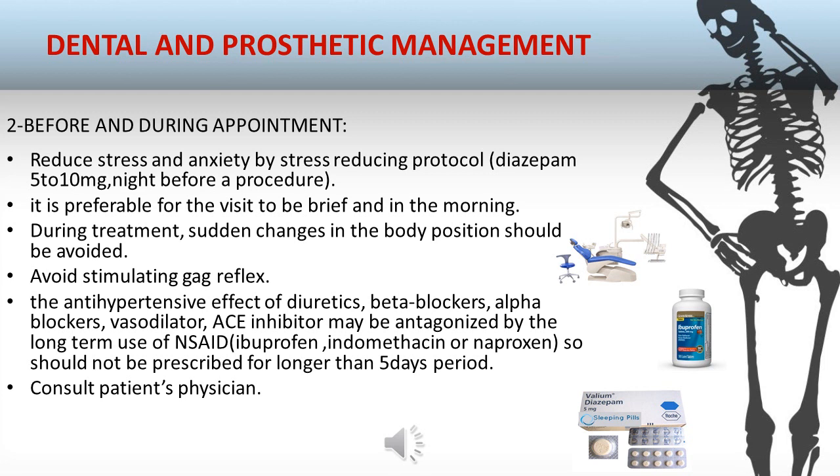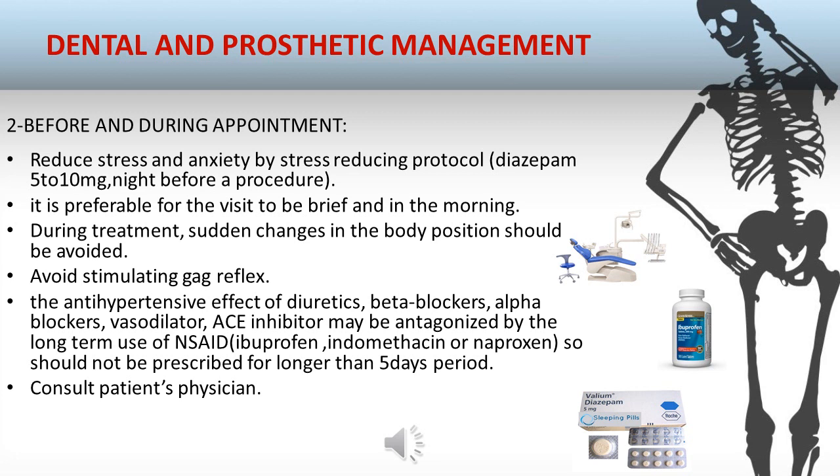During treatment, sudden change in body position should be avoided as it can cause orthostatic hypotension due to some drug classes like alpha blockers and diuretics. Also, during taking impressions, we should avoid stimulating the gag reflex because triggering it can lead to both increase and decrease in heart rate and systolic blood pressure.